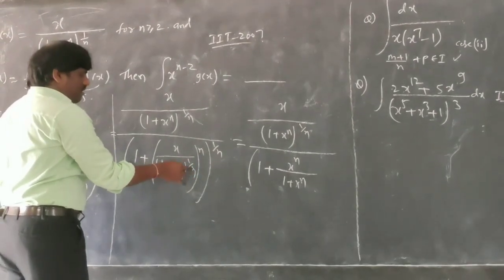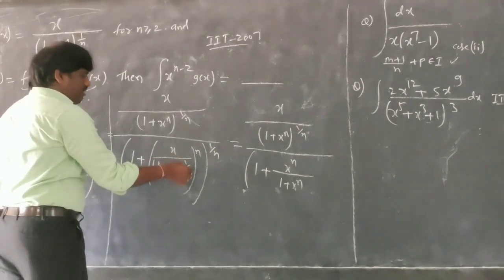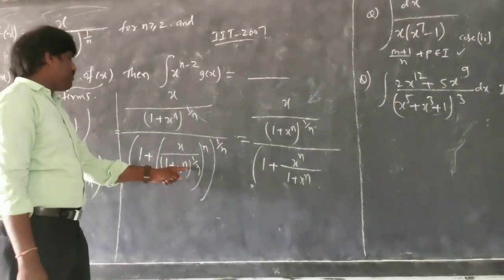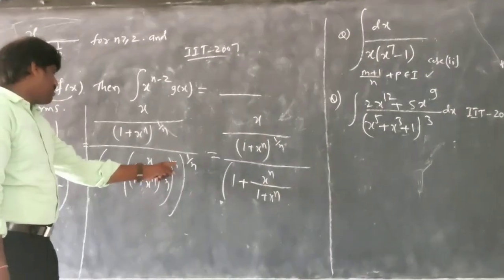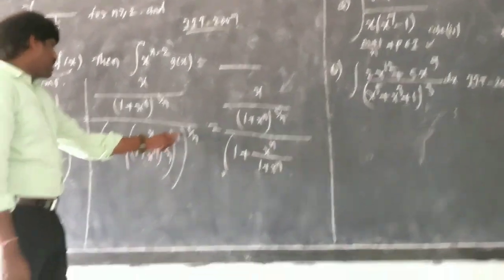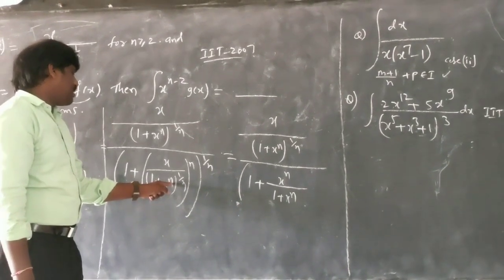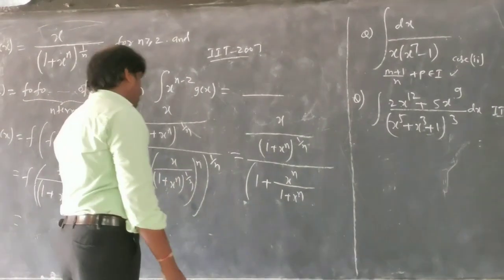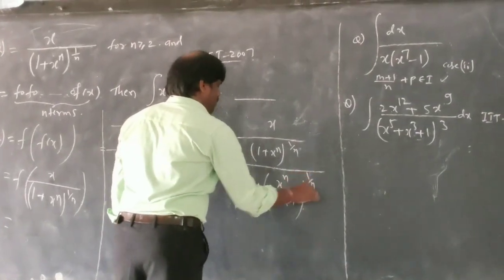Otherwise, you can cancel this one. Up to you, you can cancel any one. If you cancel this one, n is completely cancelled for this one, so I can cancel n and this one. So I get 1 plus x power n, and the whole to the power of 1 by n.